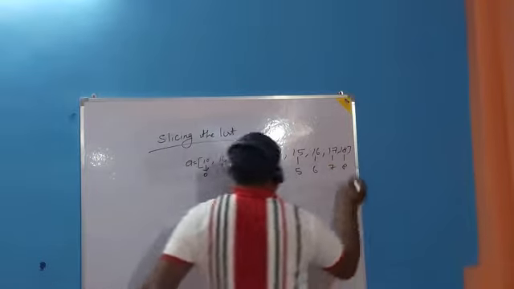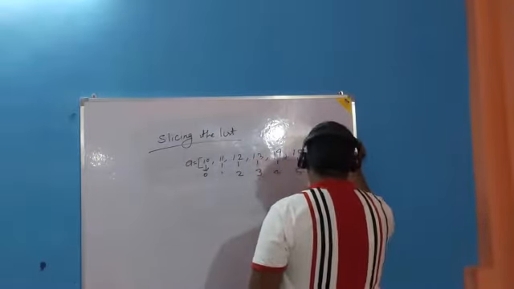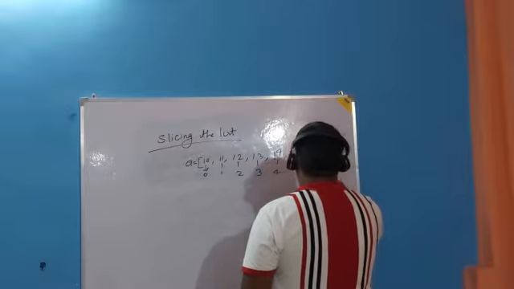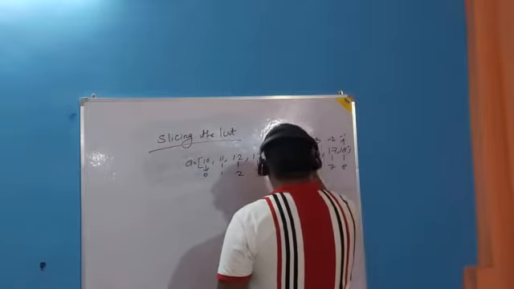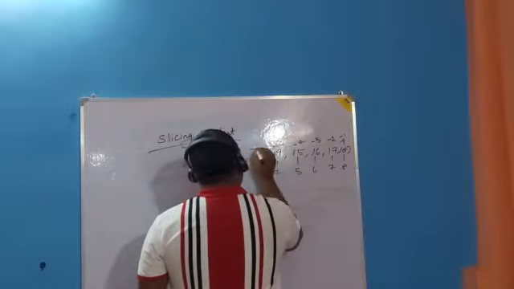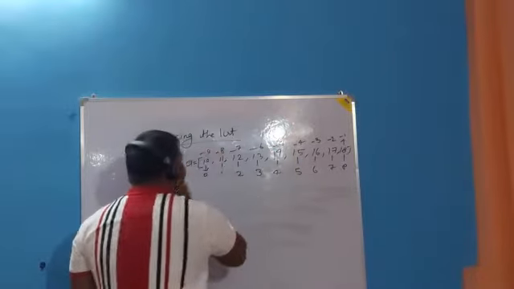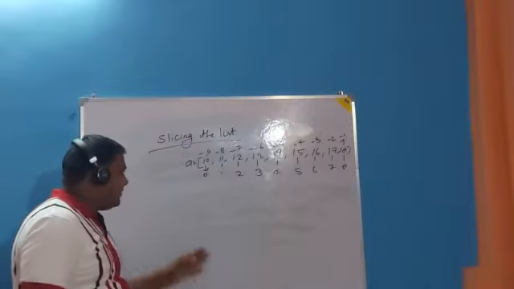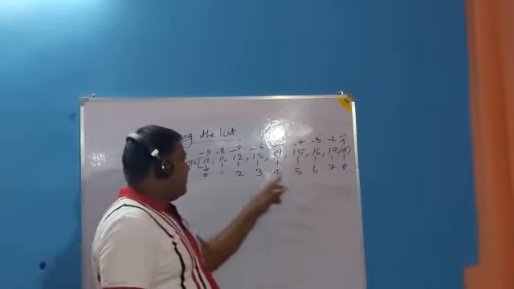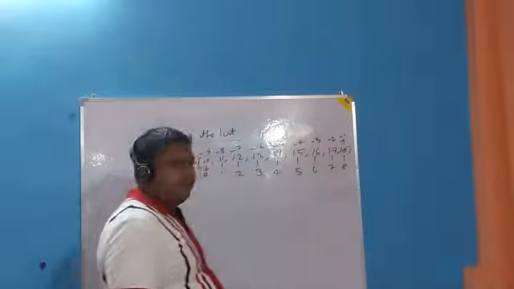And the negative indexes will start from the right, minus 1, minus 2, minus 3, minus 4, minus 5, minus 6, minus 7, minus 8, minus 9. Both indexings I have done, from the left side 0 to 8, and from the right side from minus 1 to minus 9.